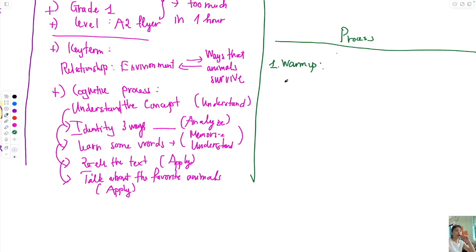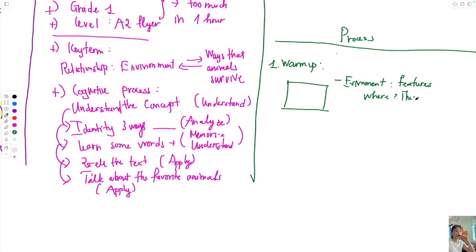So in the warm up, I can show a picture of an environment, and I can ask them for the features of the environment, including where it is and how's the weather.